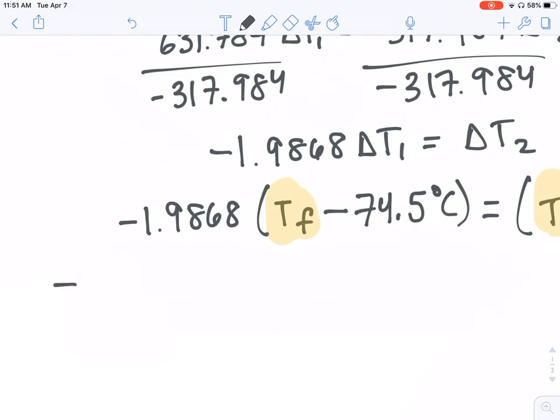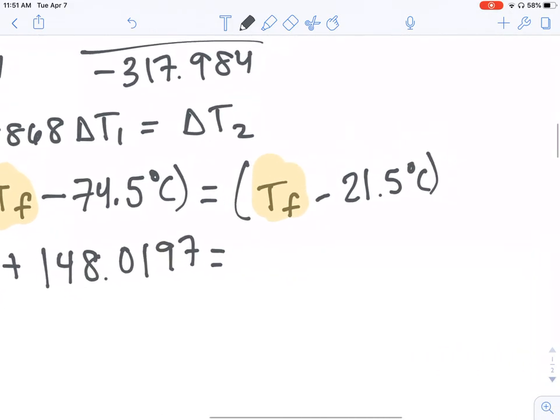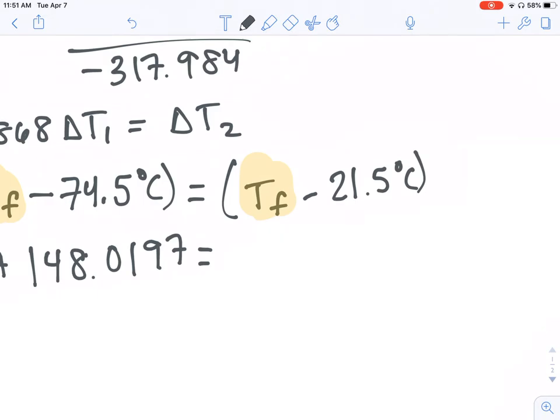So I have negative 1.9868 TF plus, because a negative and you have subtraction, so in the end it's plus 148.0197 equals, and then on the other side I still have TF minus 21.5 degrees C.